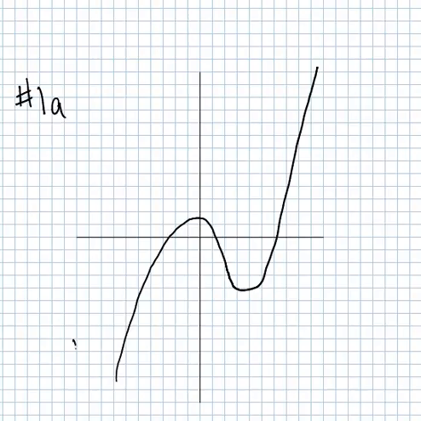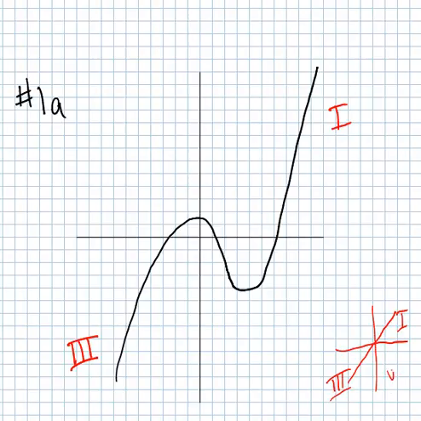First of all, we notice that the graph goes from quadrant 3 to quadrant 1. That behaves just like a y equals x graph, which also goes from quadrant 3 to quadrant 1.